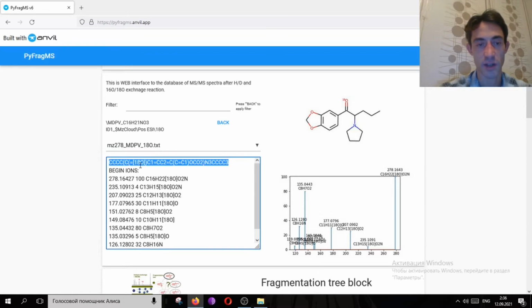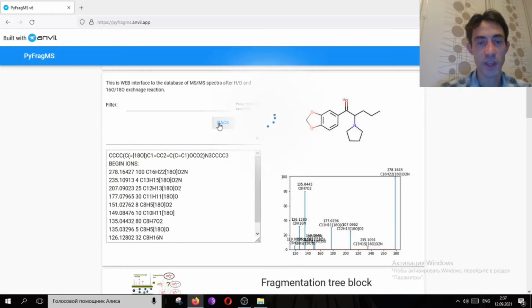So you see SMILES showing the position of the oxygen label in the molecule, and you can see the inclusion of the oxygen label in the fragment spectrum. The MSMS spectrum here is recorded in the following format: accurate mass, then space, intensity, space, and molecular formula. So this is a database.